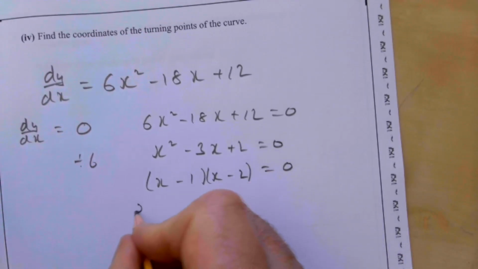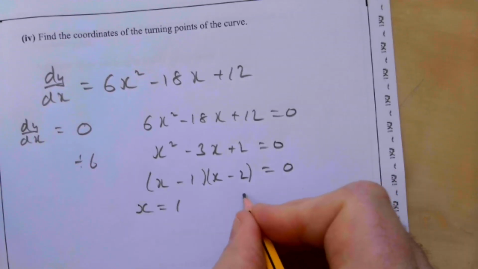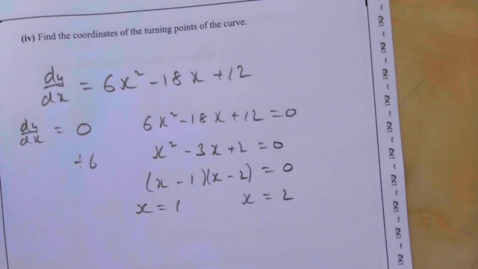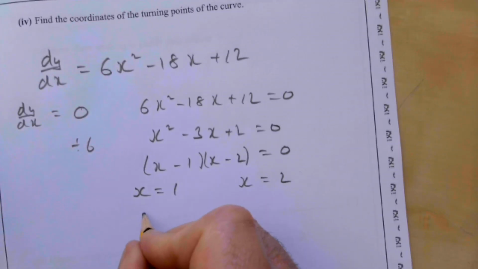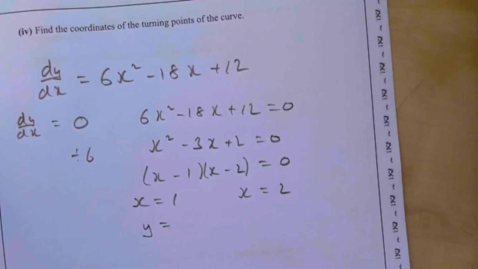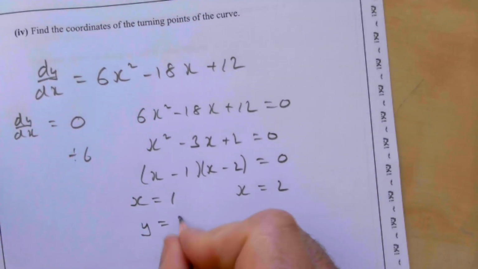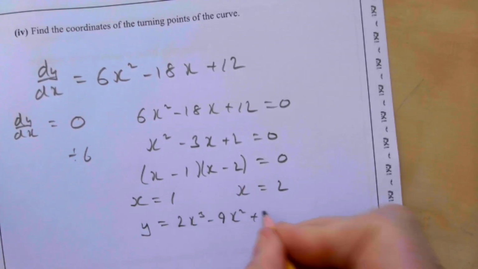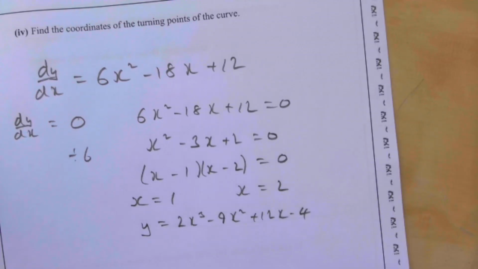And let me see, so that means we get x equals 1 and x equals 2. Find the coordinates of the turning point, so we need to substitute this into y equals 2x cubed minus 9x squared plus 12x minus 4.